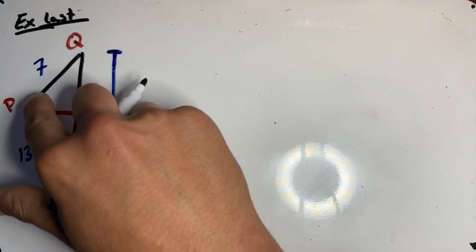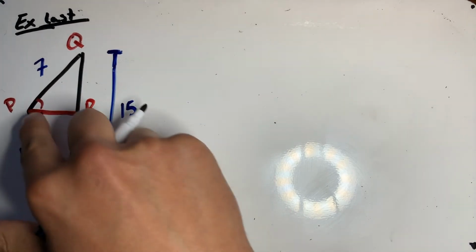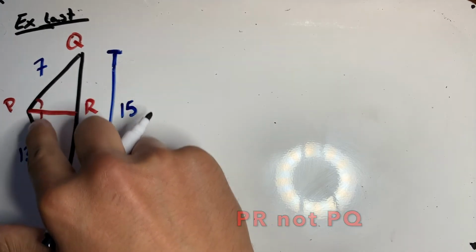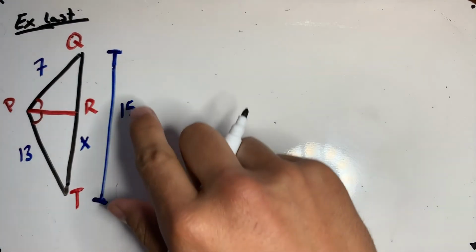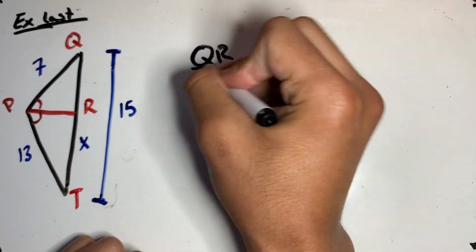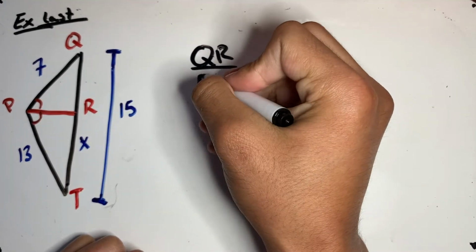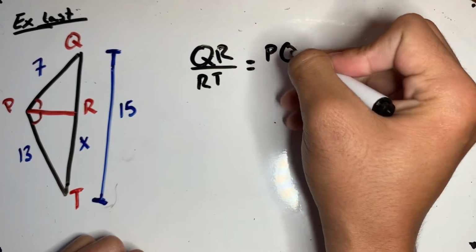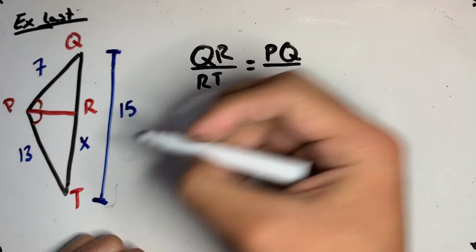All right, so this is the last example, and we know the triangle angle bisector is this. So if we have this angle QPT, and if it's bisected by PQ, this line segment, this angle is going to be equal to this angle. With that being said, this ratio, QR over RT, is going to be equal to PQ over PT.